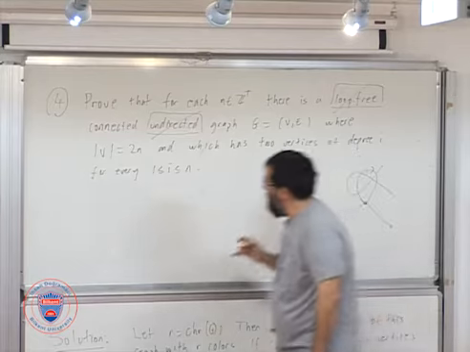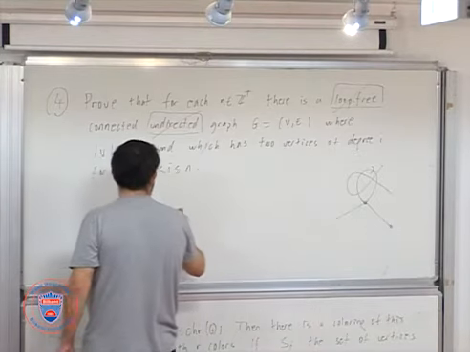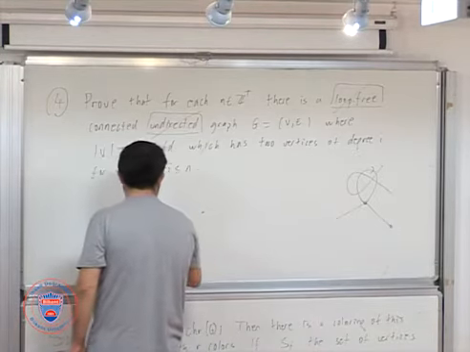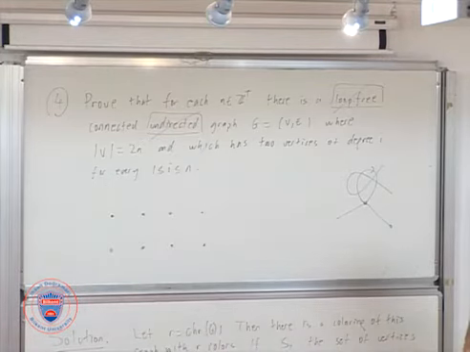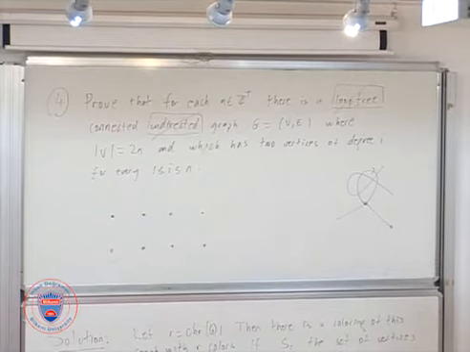Okay, so how can you make a graph which has exactly 2 of each degree that's available between 1 and n?